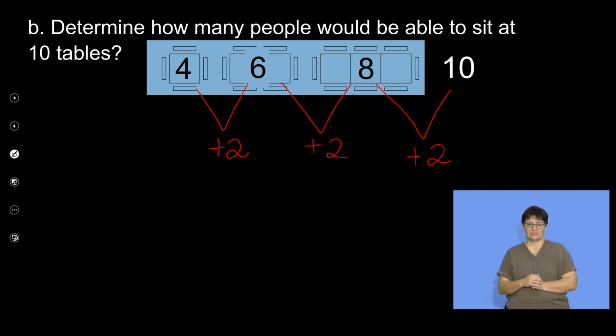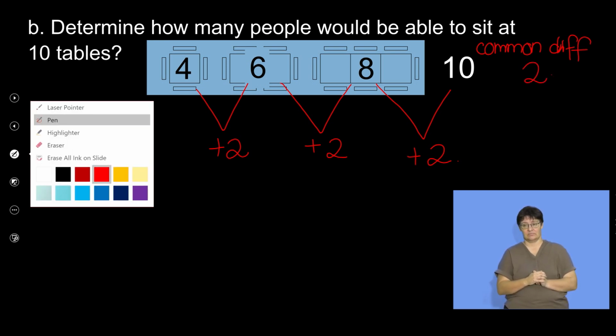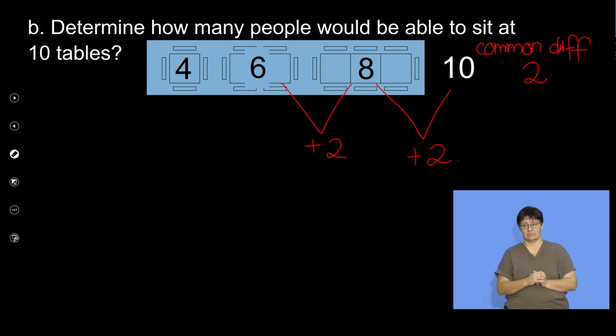So I'm going to write up here, we have a common difference of positive 2. Now I'm going to erase this working just so I've got some space to show my working out for everyone.